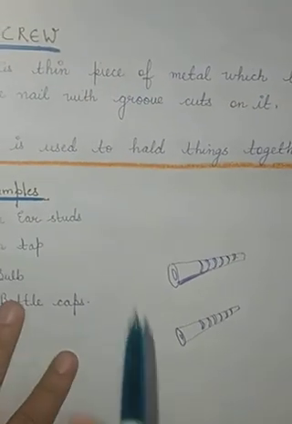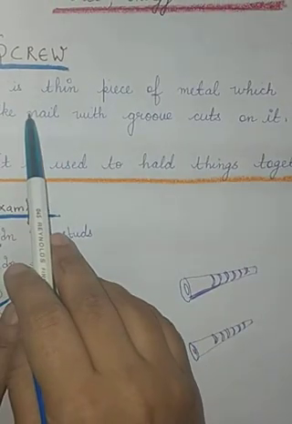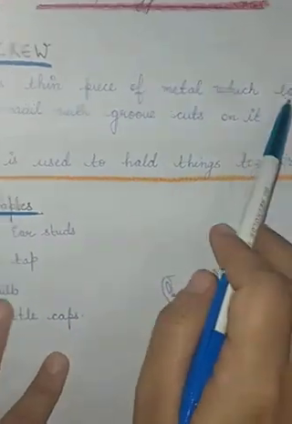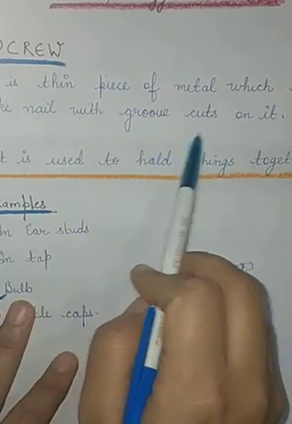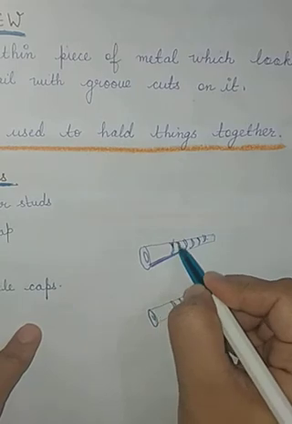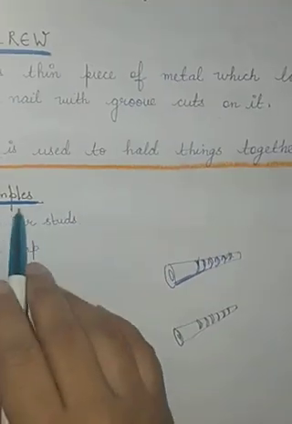How can we define the term screw? A screw is a thin piece of metal which looks like a nail with grooves cut on it. And what is its main function?